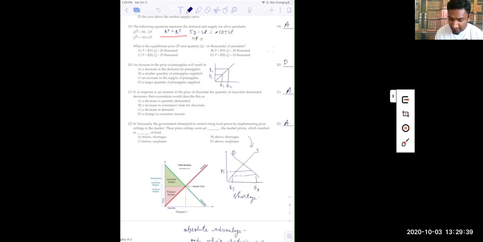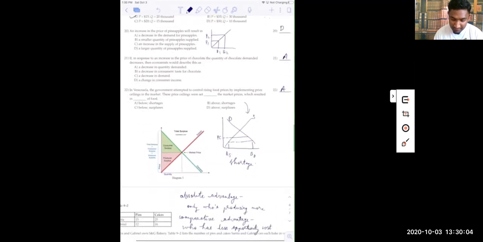So 4P is equal to 60. Therefore, P is equal to 15. Since P is equal to 15, you can put it in either of these two equations. Q will be 50 minus 2 times 15, which is equal to 20. So the answer is A.